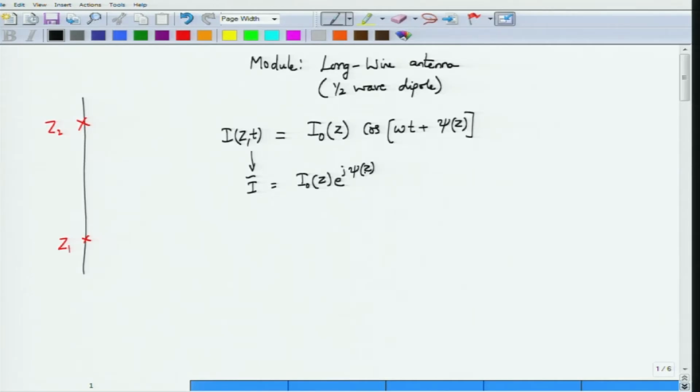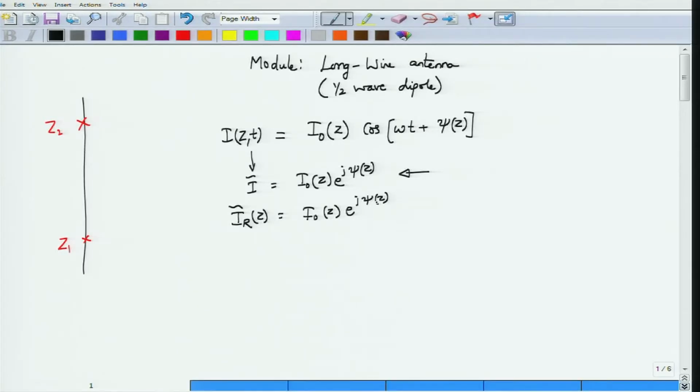Okay. So, this is very reasonable, but we also know that this is not the phasor that we are going to work with, because when you consider the radiation pattern for an antenna, you are actually interested in finding the retarded currents. The retarded current would come because of the propagation effect, and that would be given by I 0 of z e to the power j psi of z.